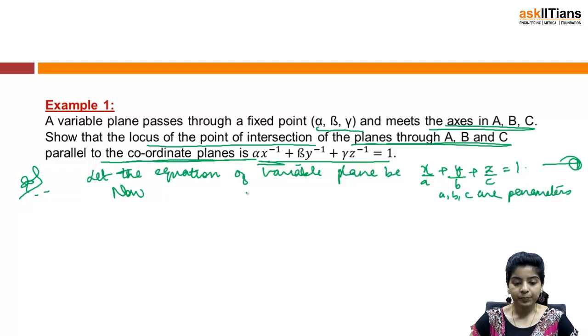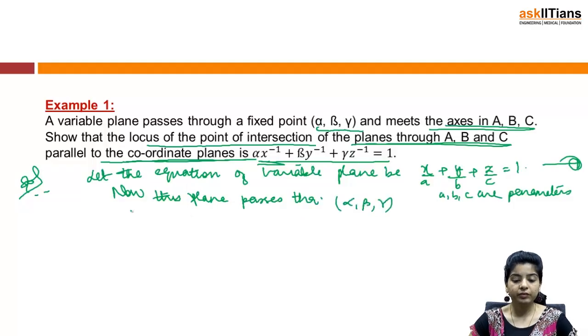So now this plane passes through alpha, beta, gamma. It's given that this plane passes through the point alpha, beta, gamma. So this coordinate, that is alpha, beta, gamma, would satisfy the equation. So we have alpha by A plus beta by B plus gamma by C is 1.